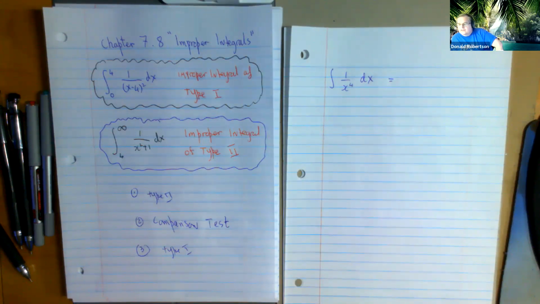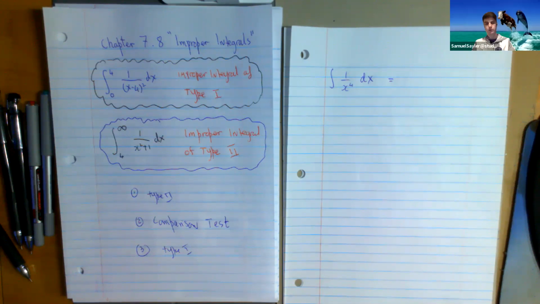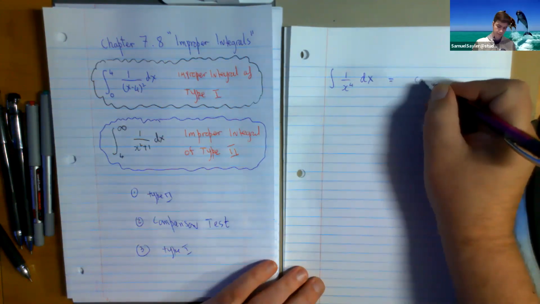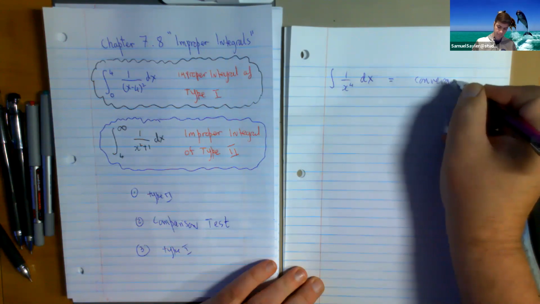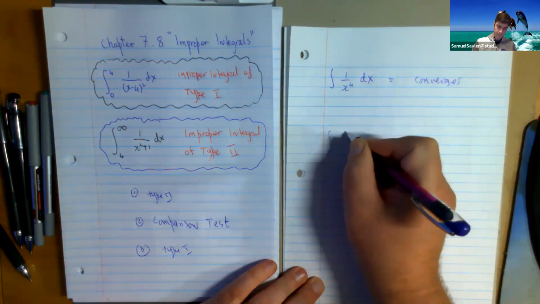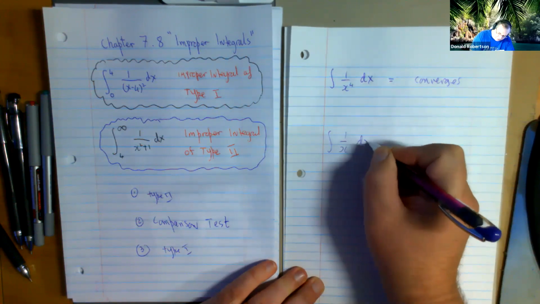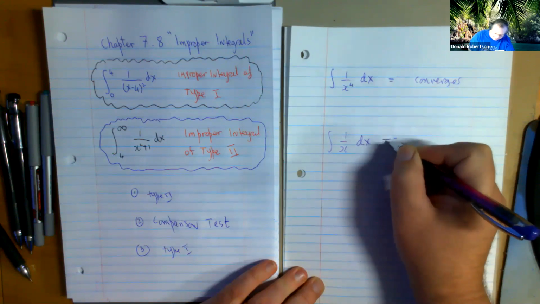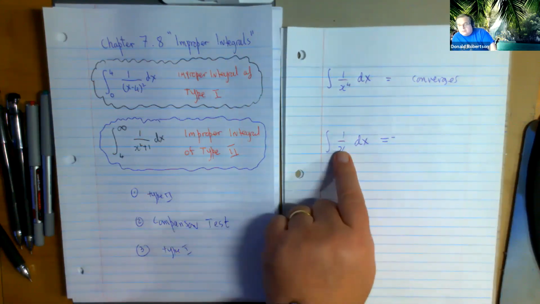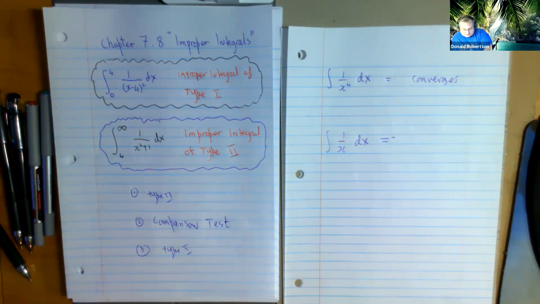Does that guy converge? I don't need to know what it converges to, but does it converge? Yes. Again, I don't really need to know any numbers. What about 1 over x?